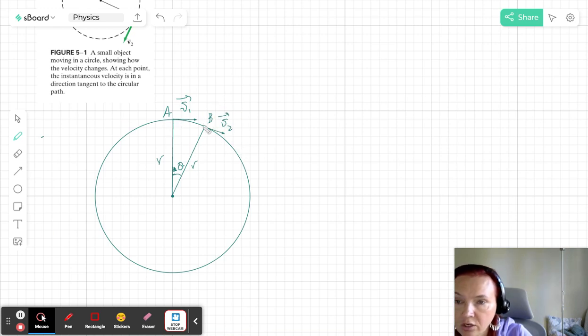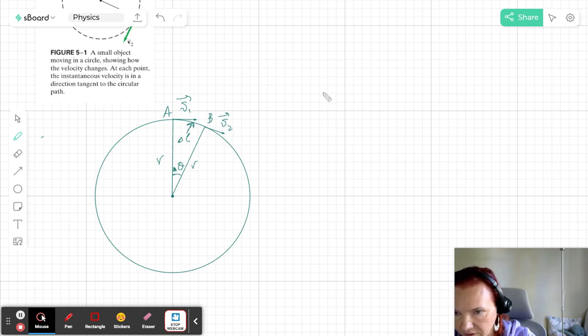And then the change along the arc, this one, is delta L. So delta L is the distance that our object goes through along the arc, because it moves in a circular motion, from point A to point B in our time delta t.